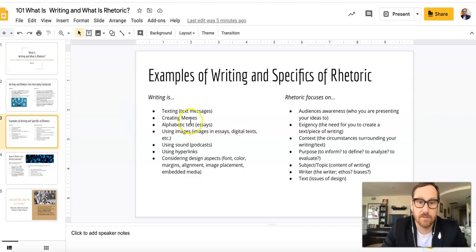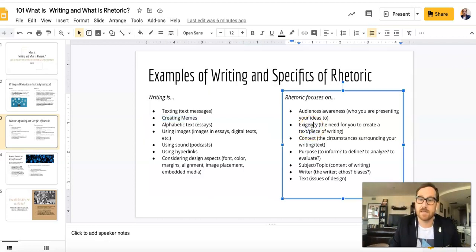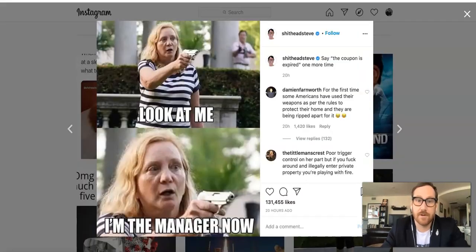So let's think of creating memes, for example, as a type of writing that is connected to rhetoric. Memes are very audience specific. There is a recent meme, I think it was earlier this week.